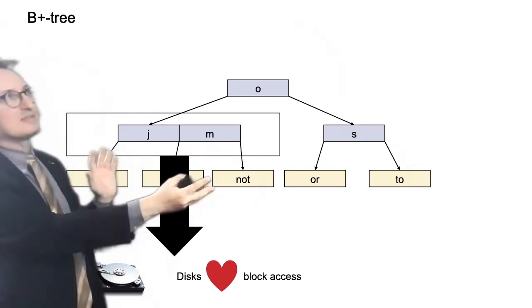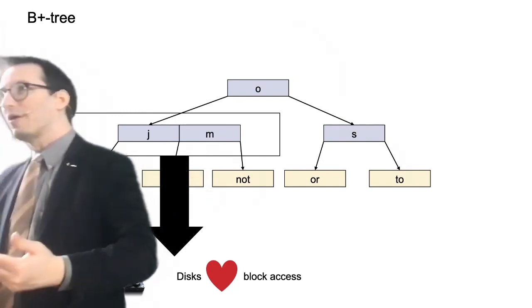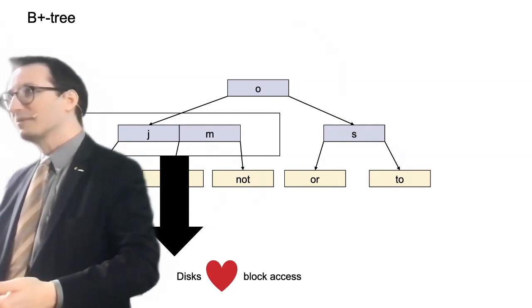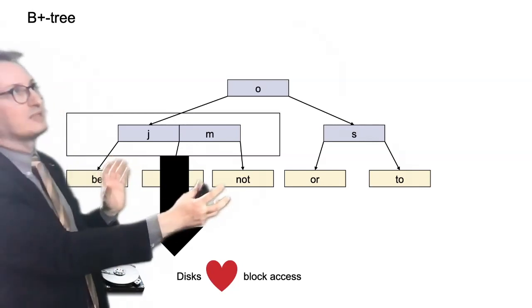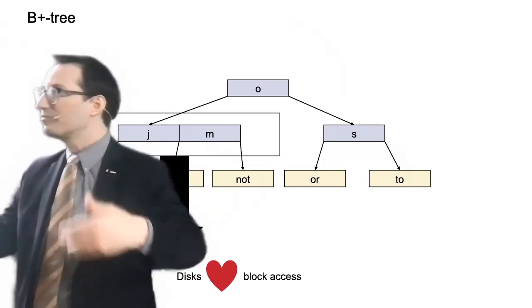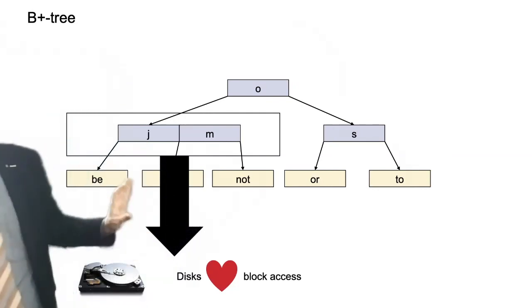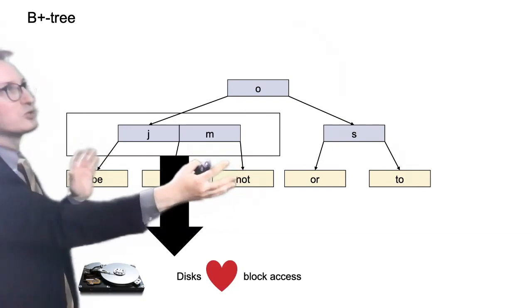Because if this is, let's say, 200 bytes, you're anyway going to read 4 kilobytes from disk. So it's a waste of resources if you only put 200 bytes in there. So you want this to be at least 4 kilobytes, maybe even multiples of that. You don't mind reading more bytes, but basically you want this to be at least thousands of bytes.